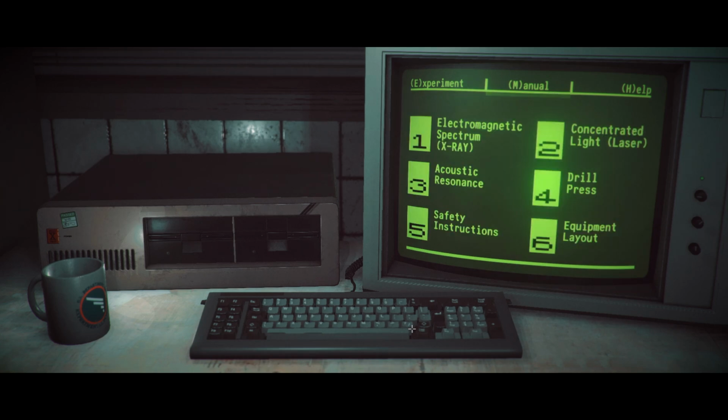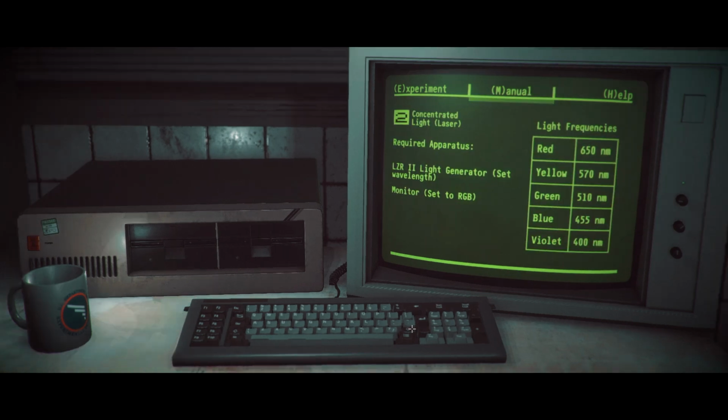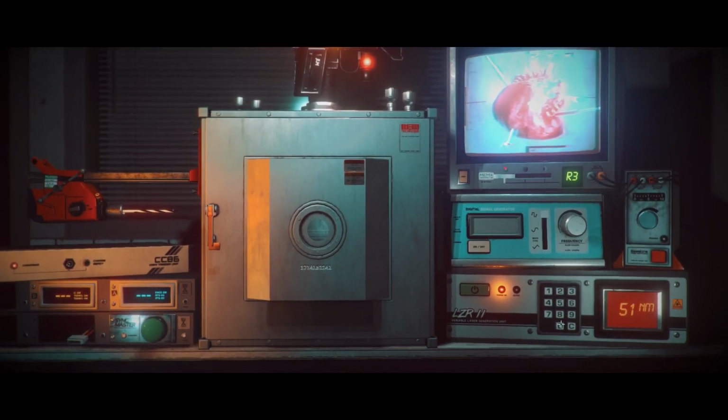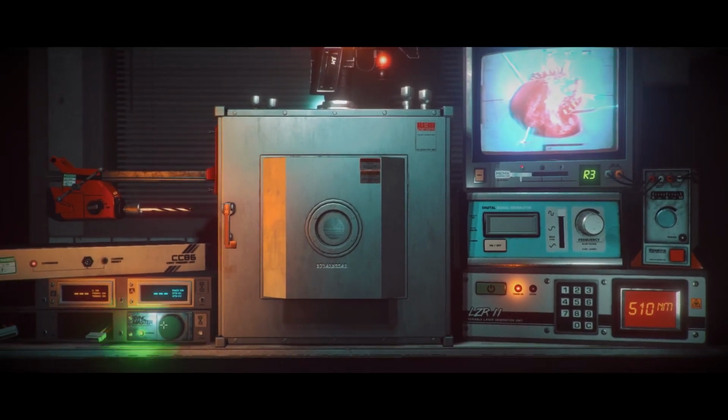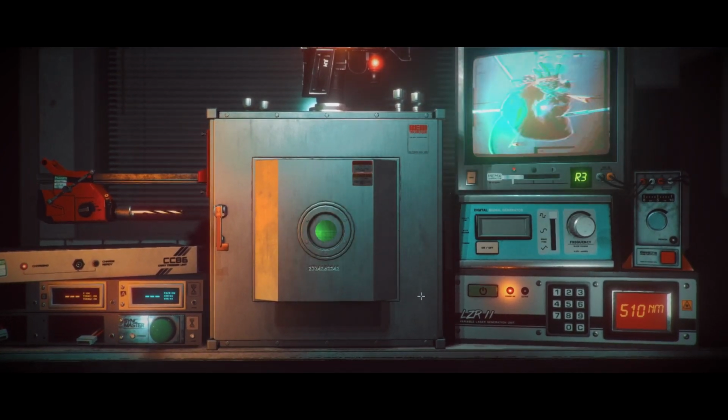So that would be 510. Okay, we have a reaction of some sort here, a weak signal.